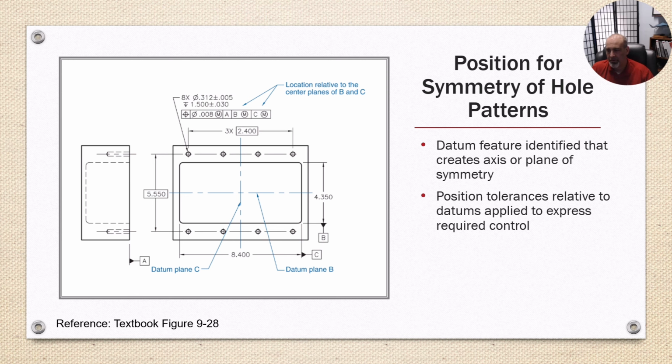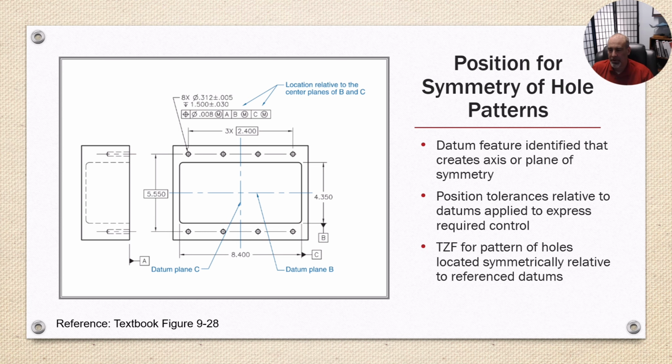The position tolerance relative to the datums is applied to the expressed requirement. And the TZF pattern for the holes locates symmetrically relative to the reference datums. No dimension from the center plane is required for this to apply. It has to do with the configuration of datums C and B being lined up with the dimension, which implies it's centered. So you don't have to actually have the center marks.